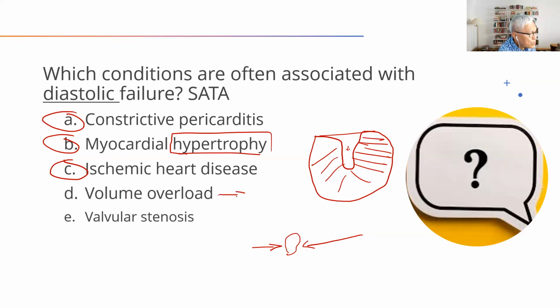That means to say that there is a lot of volume, and you remember that is not the problem in diastolic failure. You have lesser volume, and therefore this is more for systolic. And stenosis, as I have demonstrated earlier, is going to be much more related to systolic failure or systolic dysfunction.